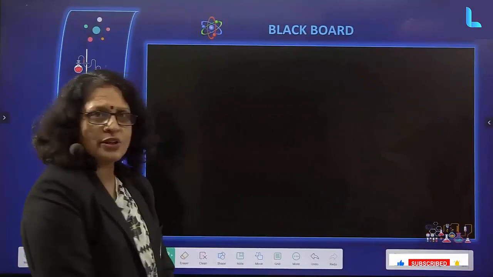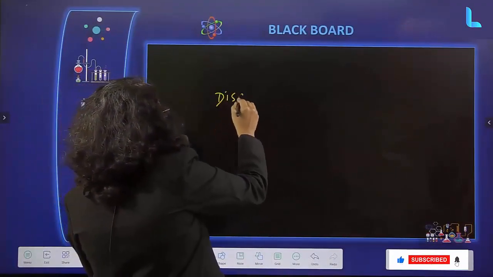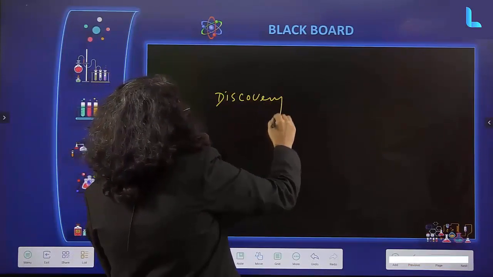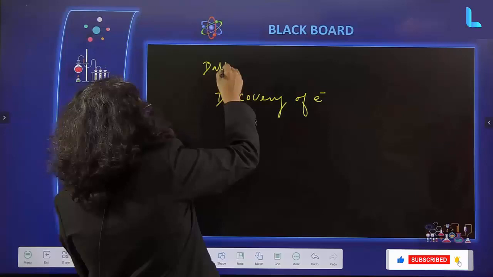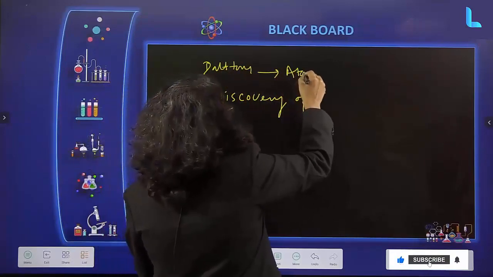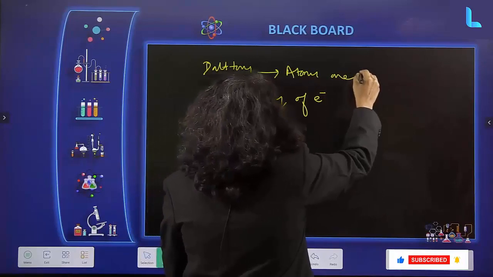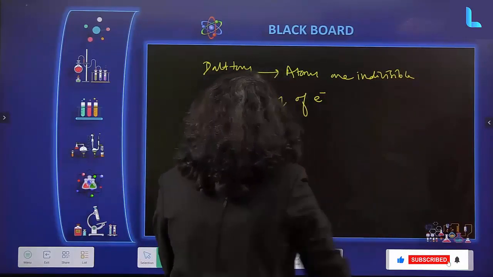So what have we studied today? We have studied the discovery of the electron. First we studied Dalton's theory. According to Dalton, atoms are indivisible. Correct?